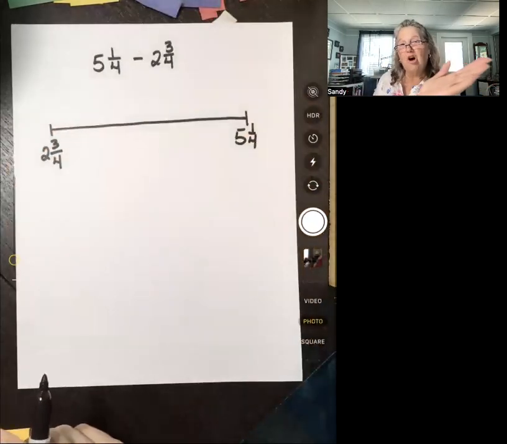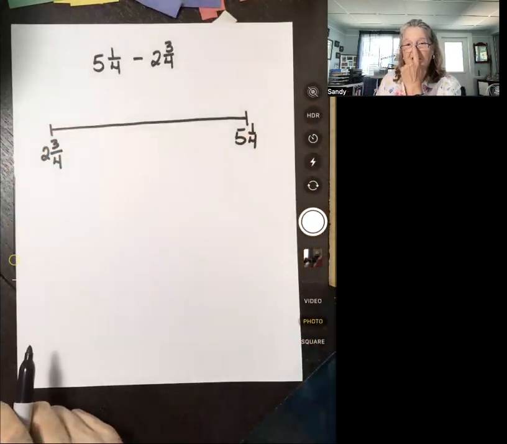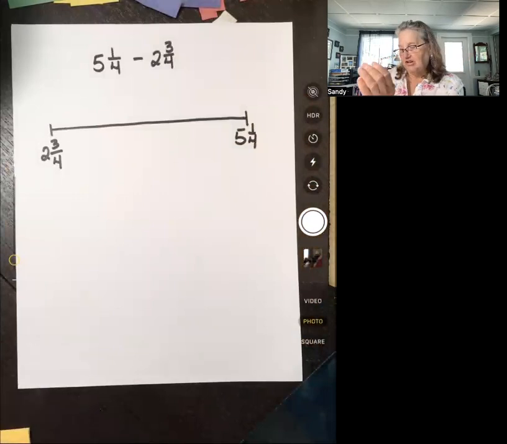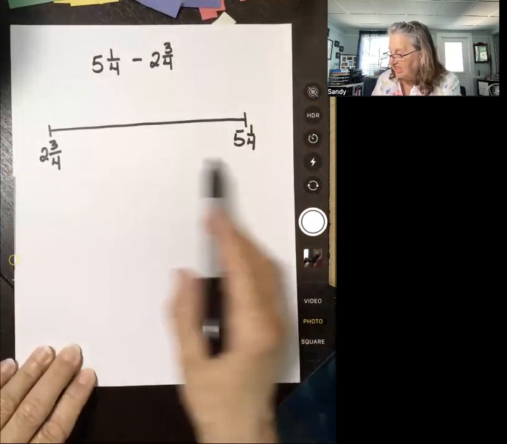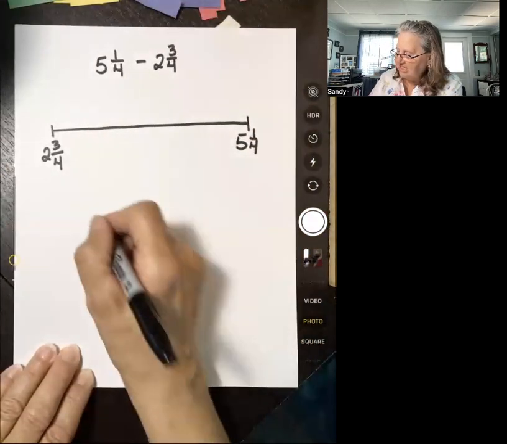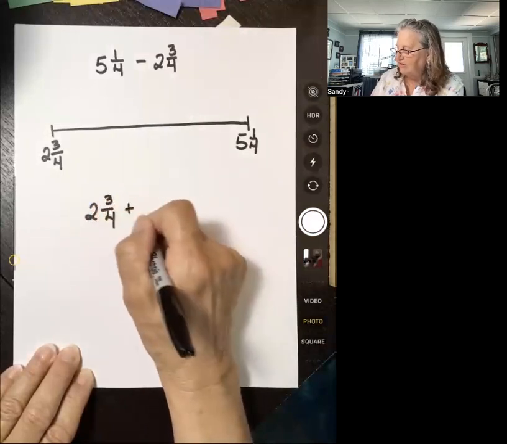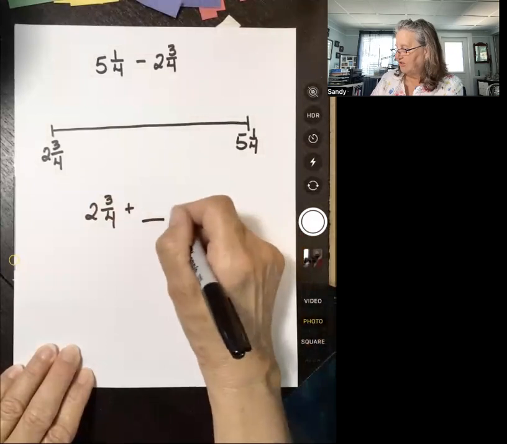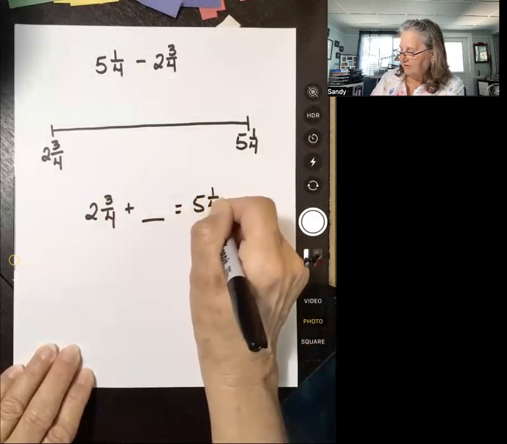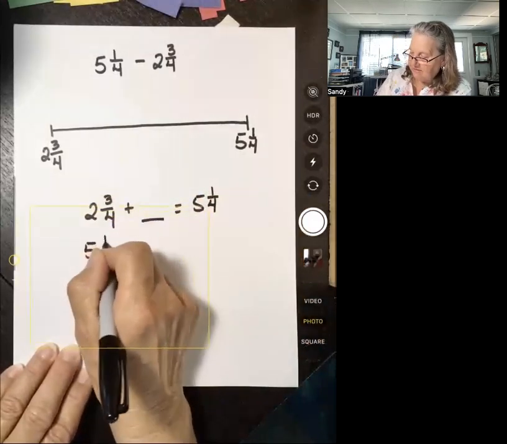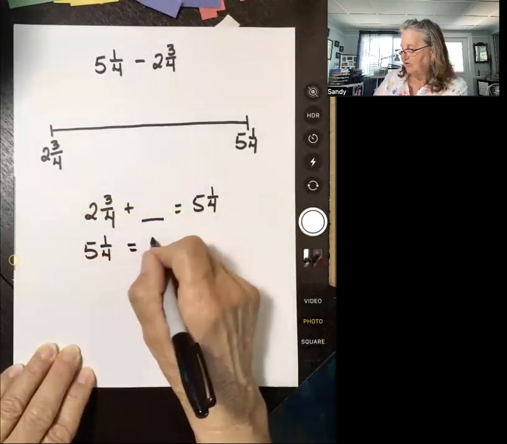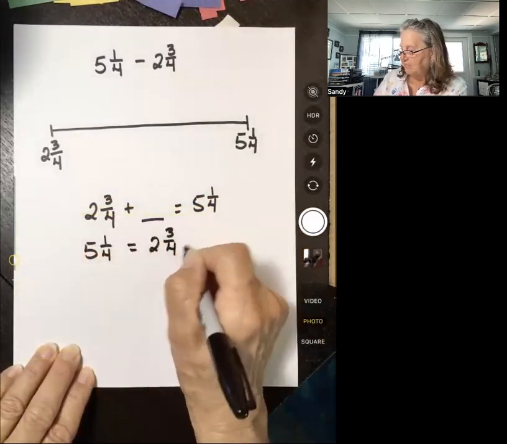We don't show them all of those marks in between, all the hash marks and all the increments. We can start at 0, or start at someplace other than 0. We can just look at the segment, and we're still in this case trying to determine how many more than 2 3/4 is 5 1/4. Or I could have written it this way: 5 1/4 is how many more than 2 3/4? There's lots of possibilities, right?